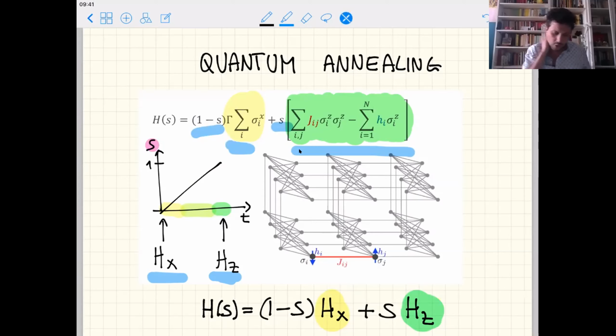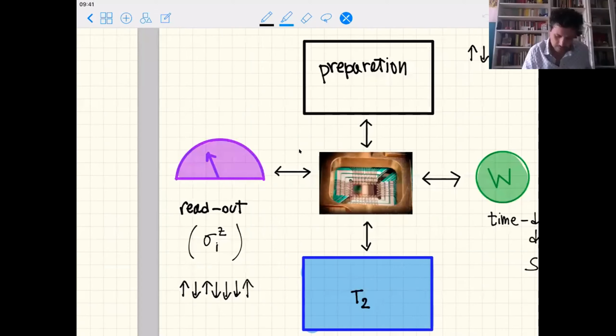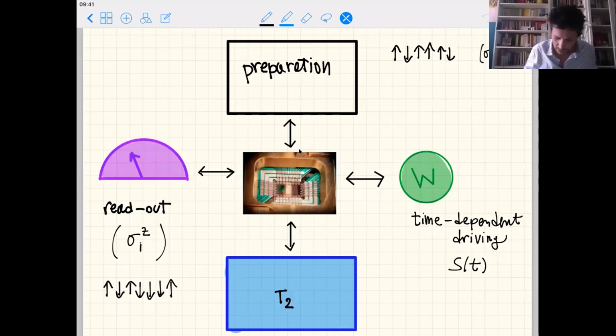So your chip interacts with your driving. Here this green thing is a work source, which is responsible for this time dependence in the Hamiltonian of the chip. So you change this s in time, and accordingly you are doing work on your system. You're exchanging energy with it in the form of work.